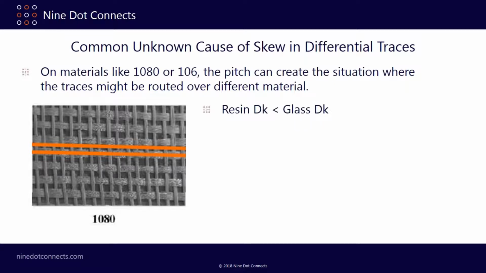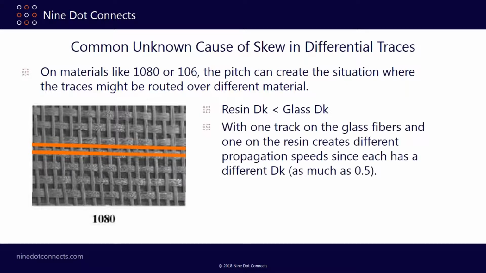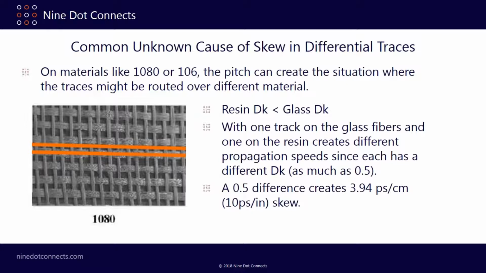The thing that you need to understand is that the dielectric constant of the resin is significantly different than the glass dielectric constant. If we put one track on the glass and one on the resin, we can create a difference in dielectric constant of as much as 0.5. That 0.5 difference in the dielectric constant can create as much as 10 picoseconds per inch in skew.